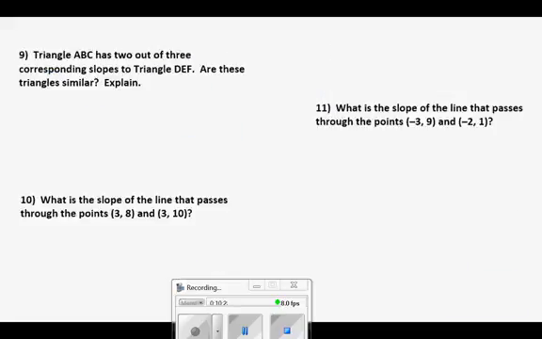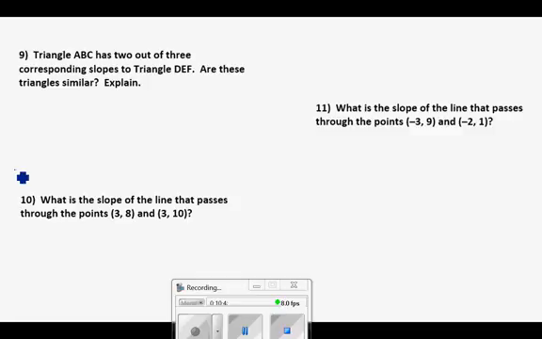Question 9. Triangle ABC has 2 out of 3 corresponding slopes congruent to triangle DEF. Are these triangles similar? Explain. We know that triangles can be similar if the corresponding slopes are all congruent.